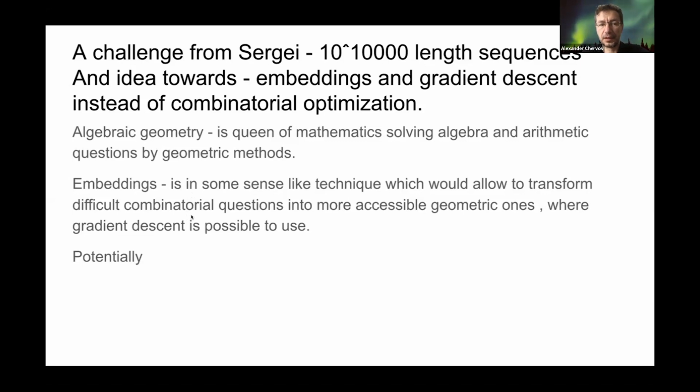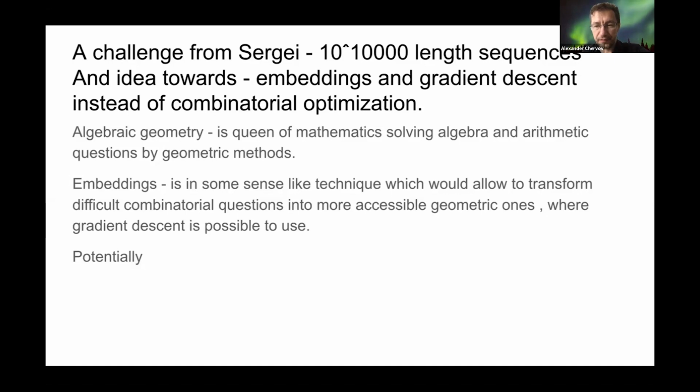Yes? But now, the main idea is that since we have embeddings, we can substitute the difficult combinatorial search problems and methods like beam search or A star with something more like gradient descent methods.